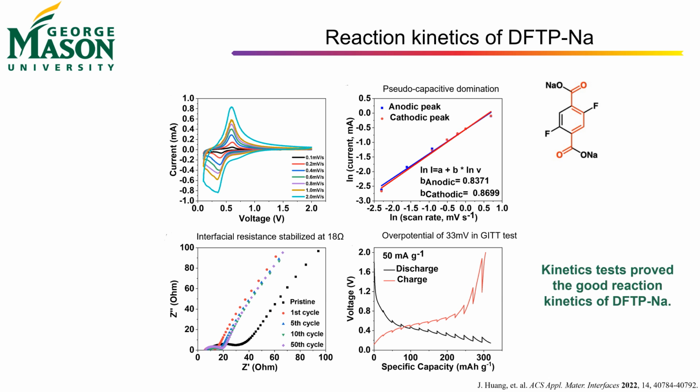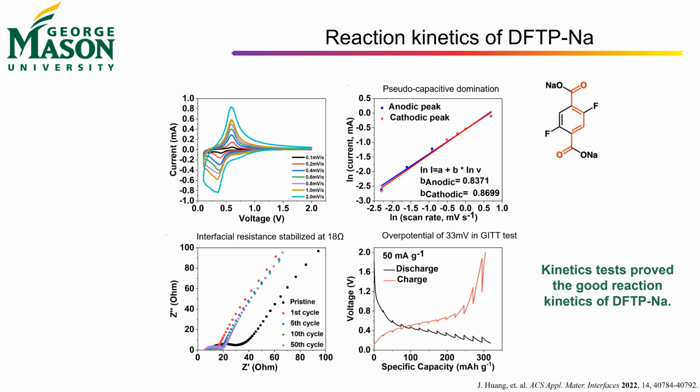Then we did a reaction kinetics test of the DFTP sodium material. Based on the CV test at different scan rates, we established the curves of its anodic peak and cathodic peak based on the natural log of current versus the natural log of their scan rates.